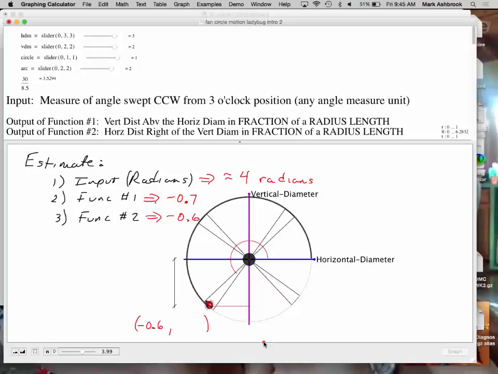The output of function 2 is like an x coordinate. And then the y coordinate is like the output of function 1, vertical distance. I could also show that right here on this bar. So the outputs of these two functions are the coordinates of the bug, and that gives us the location of the bug for the given angle.